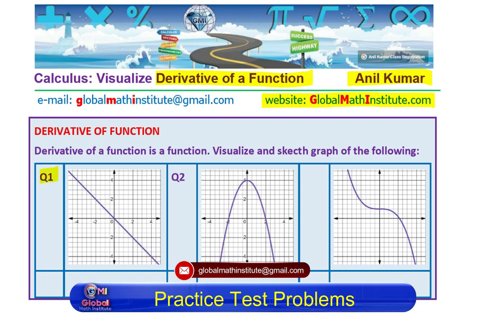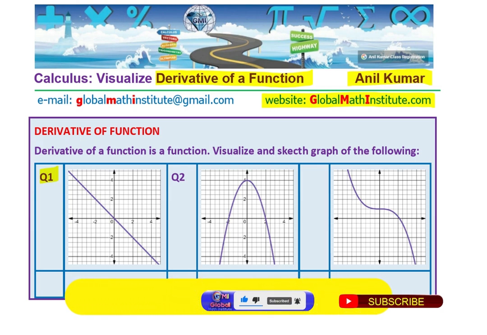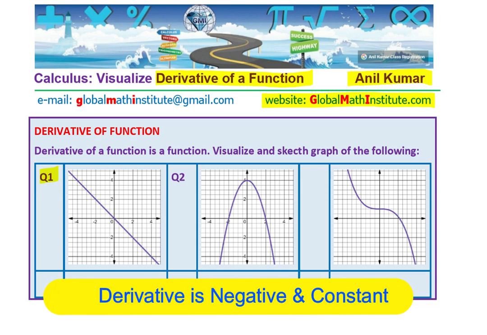Question number 1 is a straight line which is going downwards. It's like y equals minus x. So the derivative of this particular function should be negative. That is one thing, because it's going down. Second, it should be minus 1, correct? So I can draw a line right there representing the derivative of this particular function.